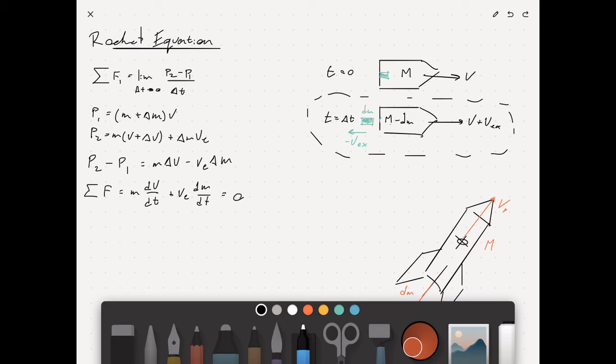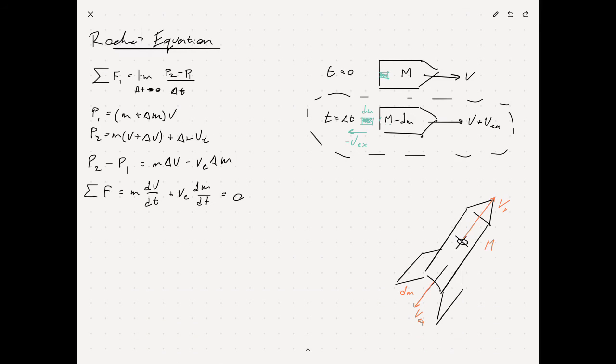Delta m is negative, even though m is positive. So because of conservation of momentum, and we're assuming negligible air resistance, there are no external forces. So we can rearrange this to read m dv/dt equals negative v exhaust dm/dt.